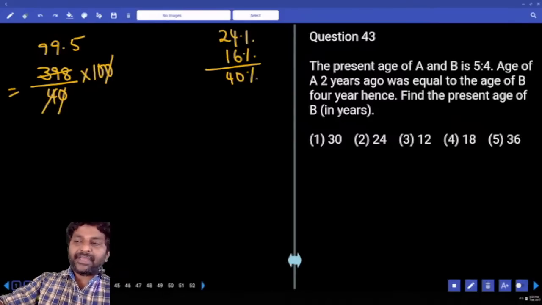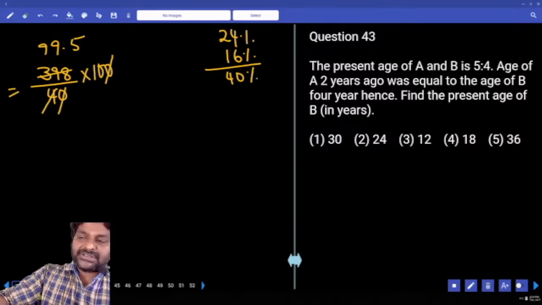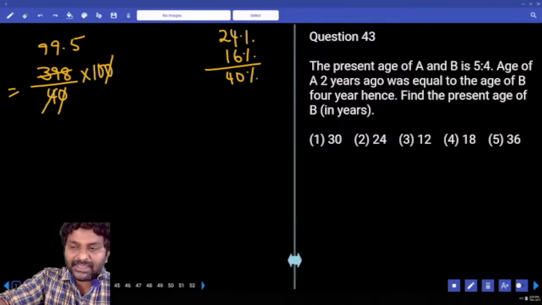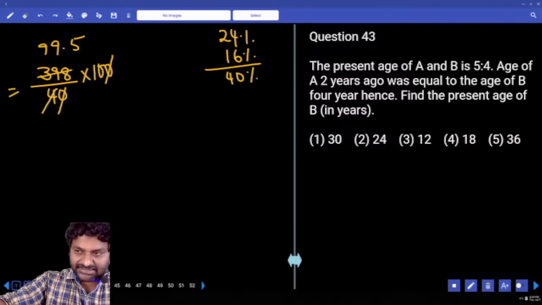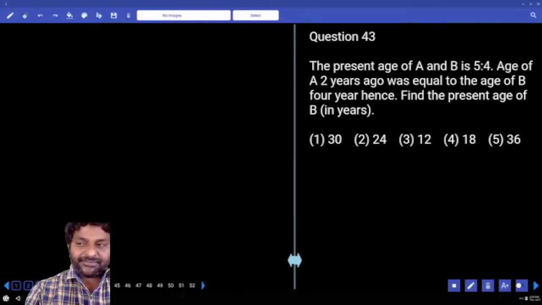The ages of A and B are in the ratio 5:4. Age of A 2 years ago was equal to age of B 4 years hence. Find the age of B. What is the age of A? B. Okay.